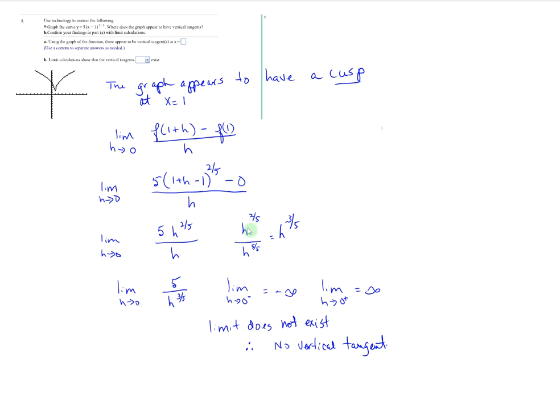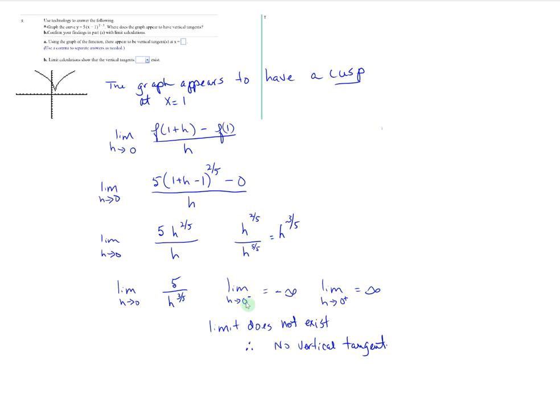And then we have h to the 2/5 over h to the 5/5, so we're trying to clean this up, and we have h to the negative 3/5. We don't want a negative, so it's going to stay on the bottom. So we have 5 over h to the 3/5.